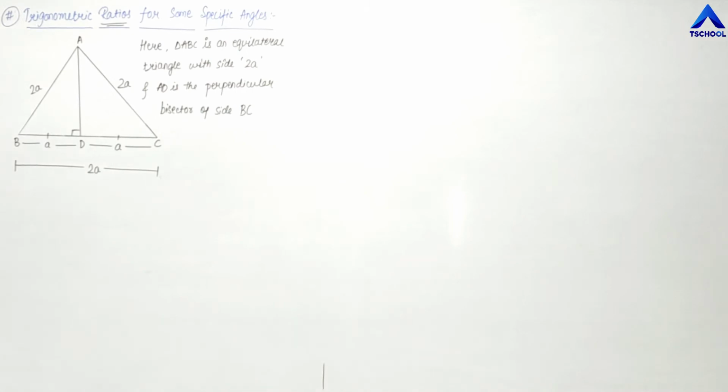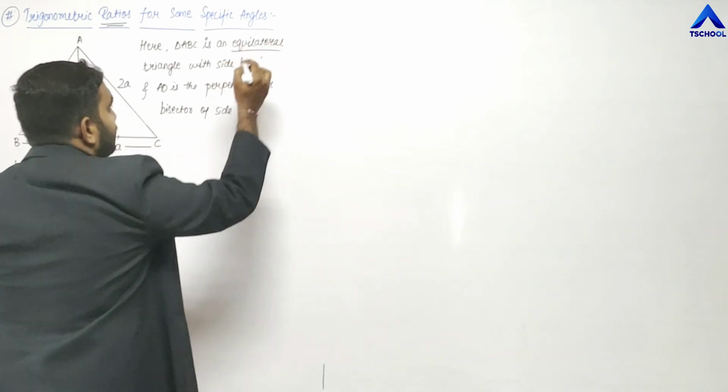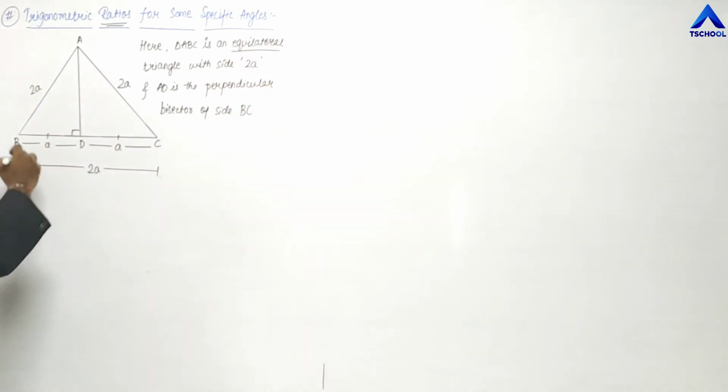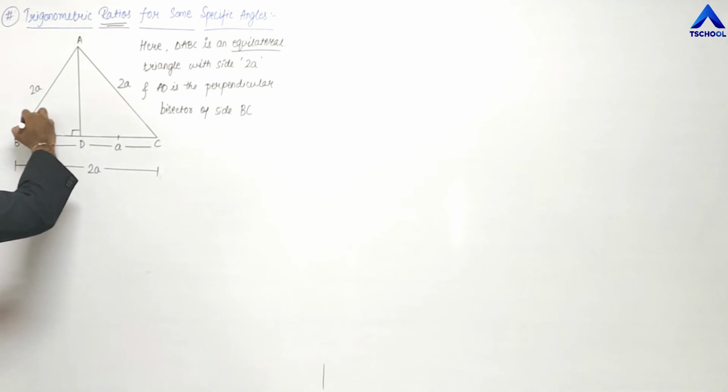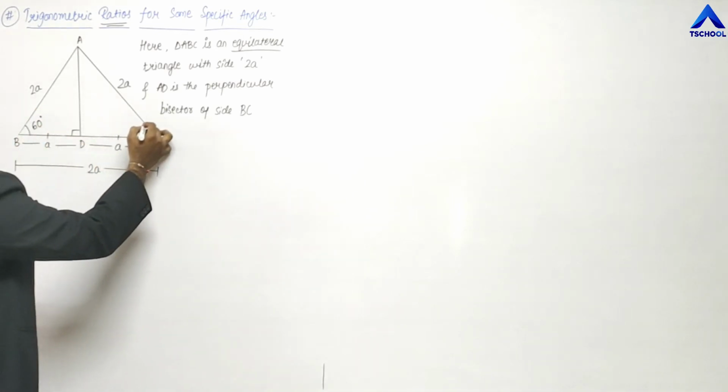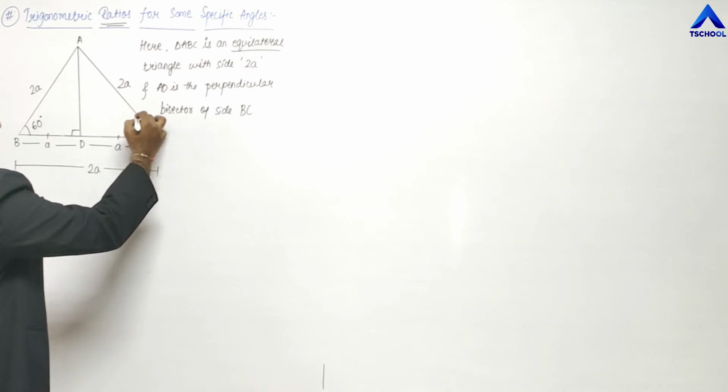So you can clearly see that these are all the sides. Now what is triangle ABC? Equilateral triangle, and we know that equilateral triangle has all the three sides same, and also all the angles are 60 degree. So this both angles are 60.